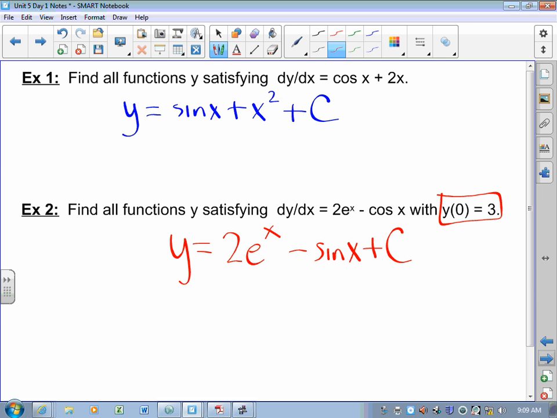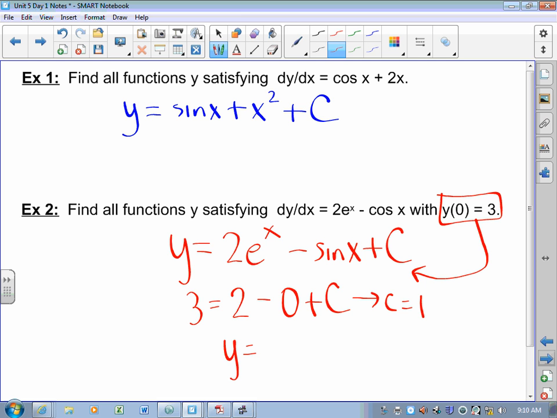Well, how do we find out c? We substitute. 3 is 2e to the 0 minus sine 0 plus c. So c is 1. And we always answer the question.